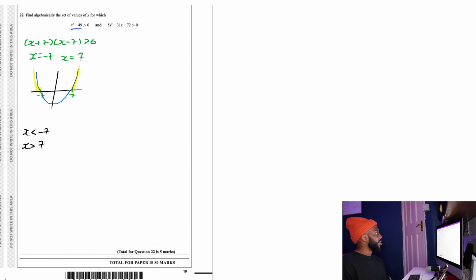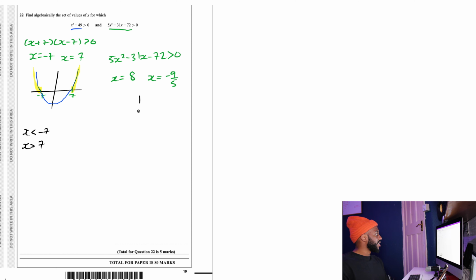Alright, the second part. Now we're working on this equation. Okay, so obviously this is a calculator paper, so let's use the quadratic formula and sub that in. Once you sub that in, your values for x should equal 8 and they should equal minus 9 over 5.